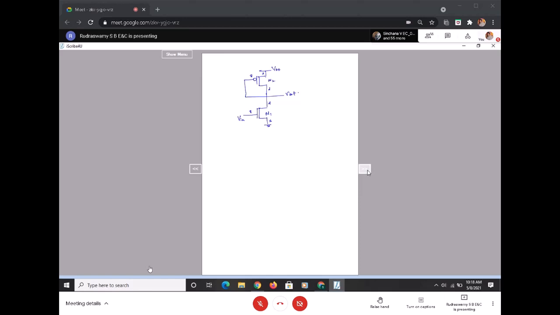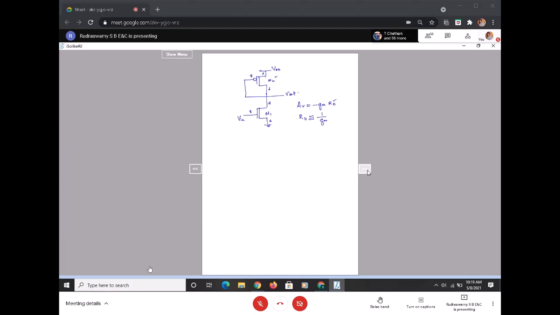We just derived that AV is equal to minus GM times RD. But now RD is replaced by this M2 transistor. It has been proven that RD is approximately equal to 1 by GM.